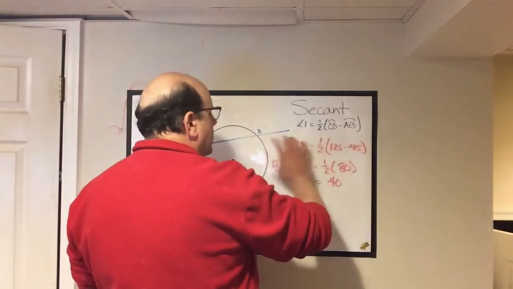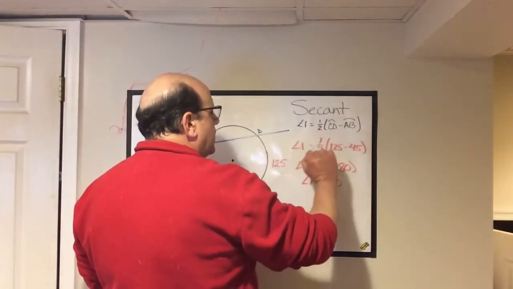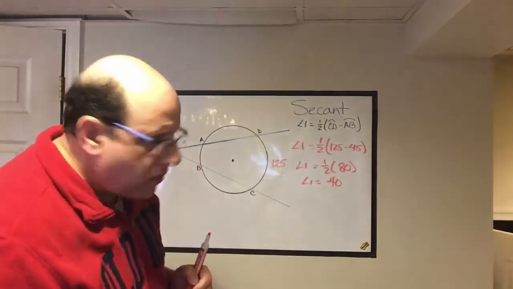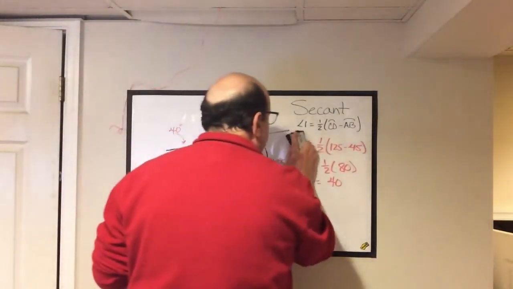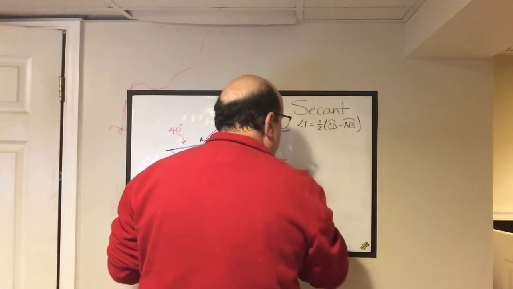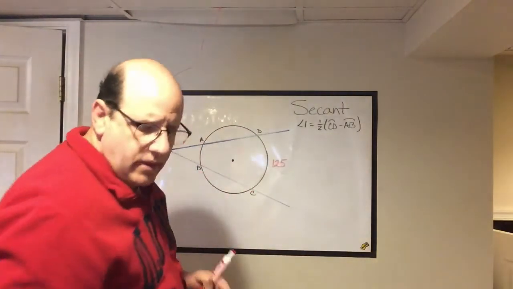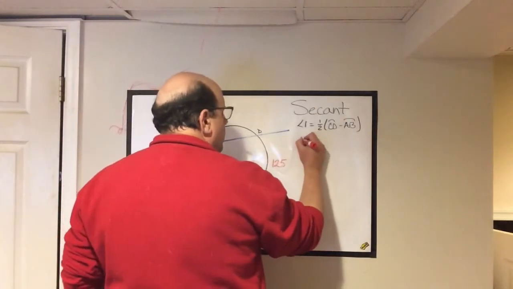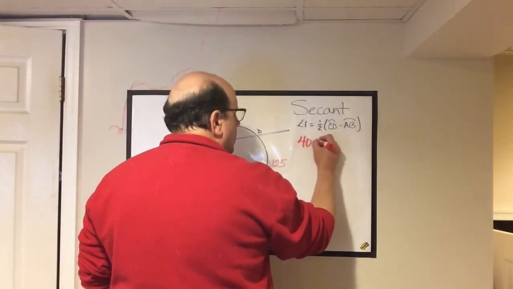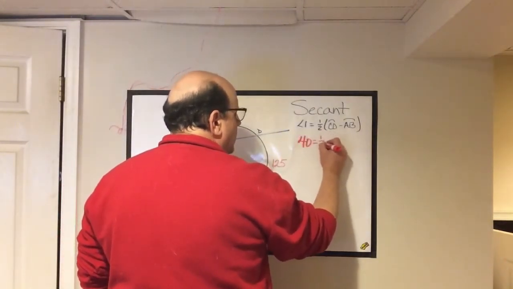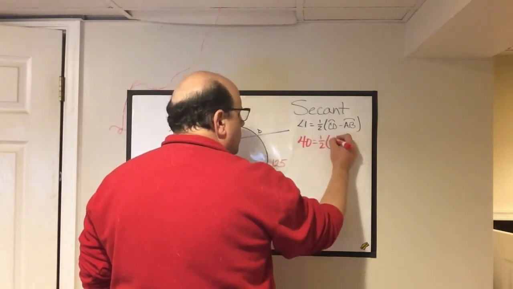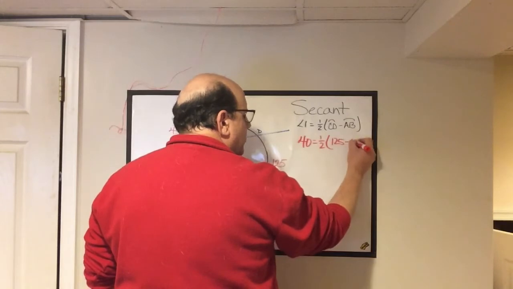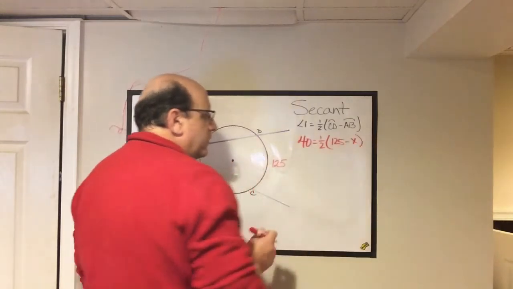We have CD, we don't have AB, and we have the angle. So I'm going to write it out the way it looks with everything we have, and then I want you to think about it. Say it out loud. 40 degrees is half of the difference between 125 and some unknown number, right?